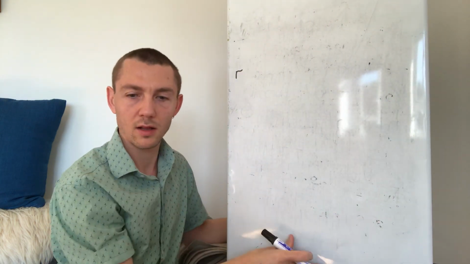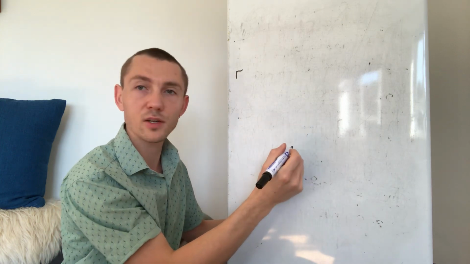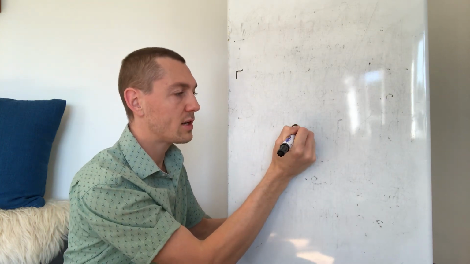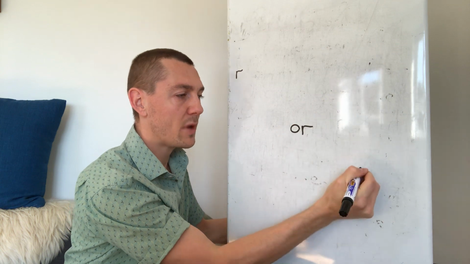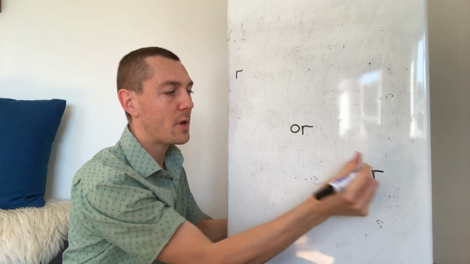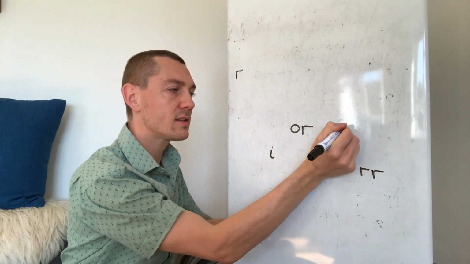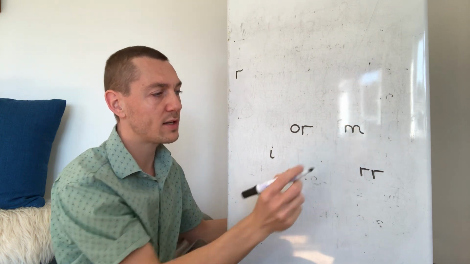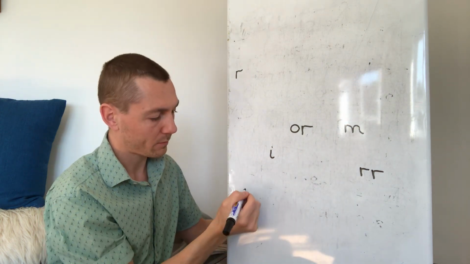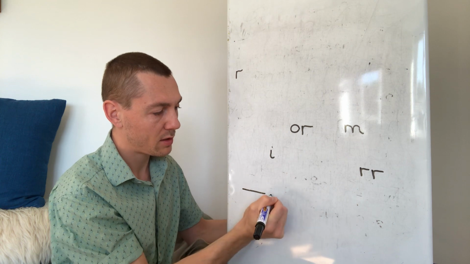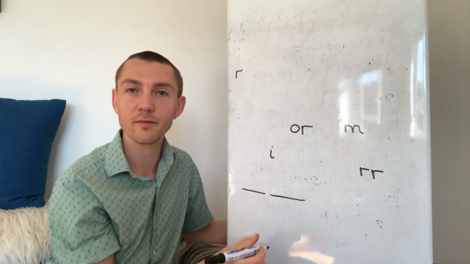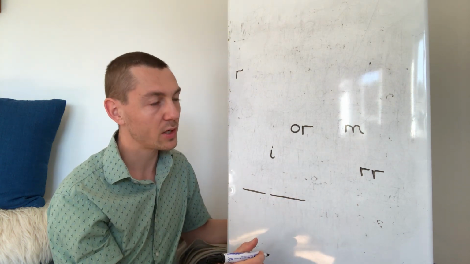Okay, let's try this one. Two syllables again, and the word is going to be mirror. So these are the sounds that you need for the two-syllable word mirror. Remember, pause any time, give yourself more time, and then join in again when you're ready.